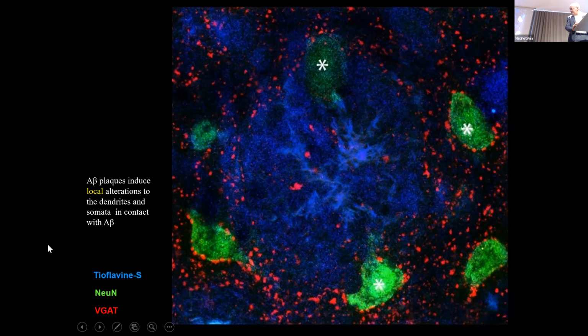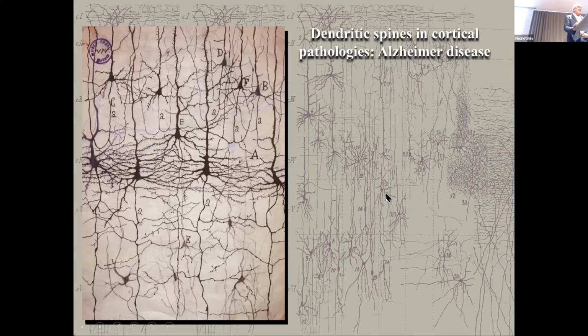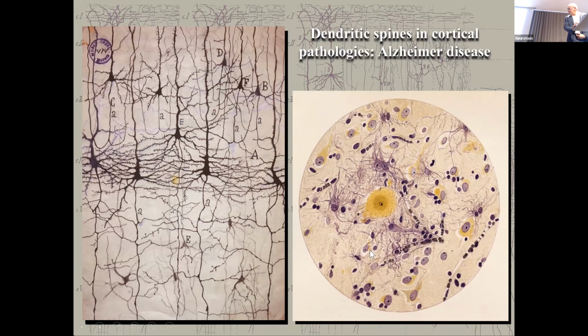You can see that for the neurons that are in contact with plaques at the soma, like here, there is a decrease in the number of GABAergic inputs. We also applied focused ion beam electron microscopy, and we found that there is about an 80% decrease of the synapses around the plaques.